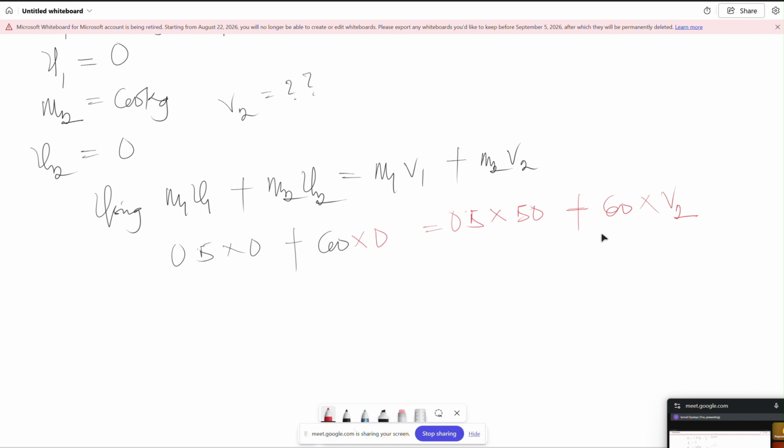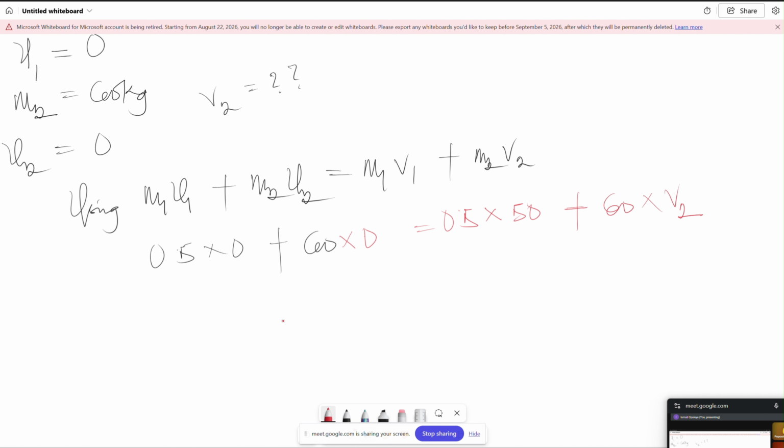Okay, are we still together? Yes, sir. This implies that all the initial momentum, all what you are going to have on this side, it is 0. It is equal to 50 multiplied by this, that's 25, plus 60 v2.